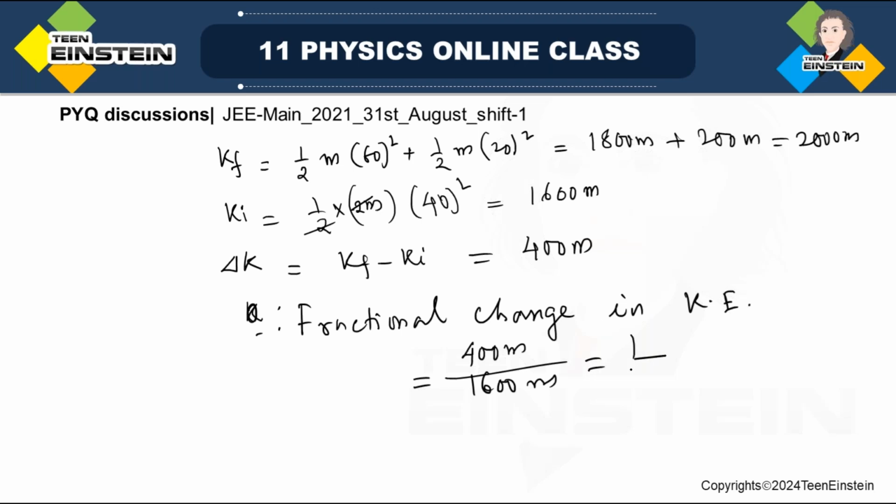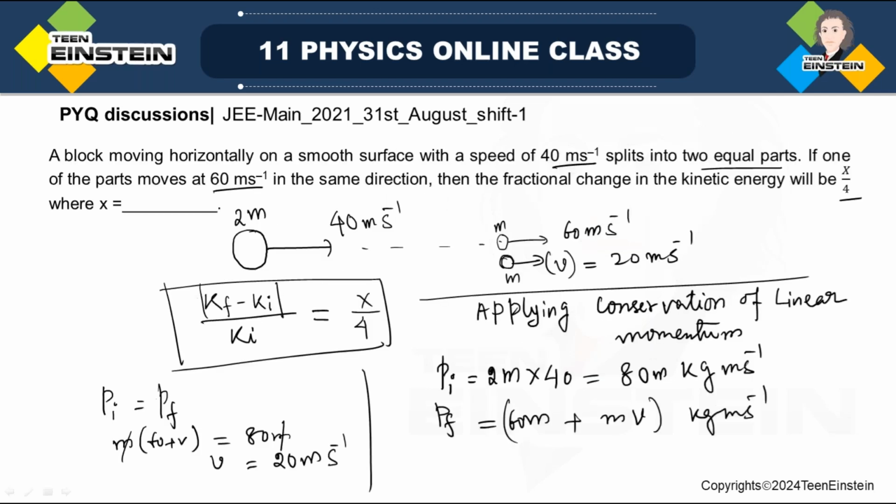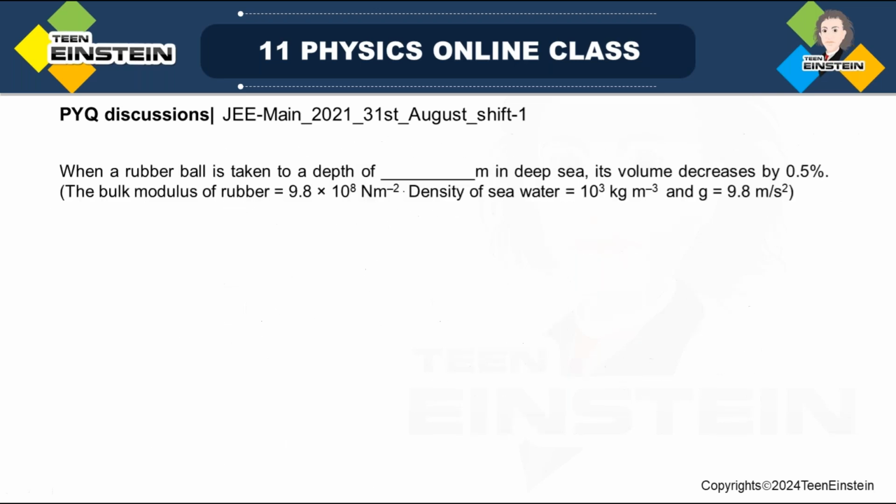So you get 1 over 4. Let us compare with this one. This is x by 4, compared with 1 over 4. So x is equal to 1. So in this case, the answer is 1. Okay, let us go to the next problem.